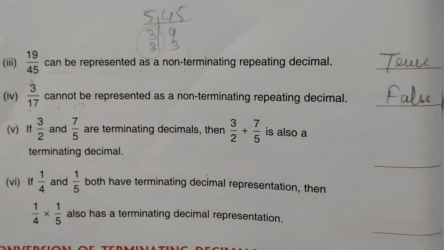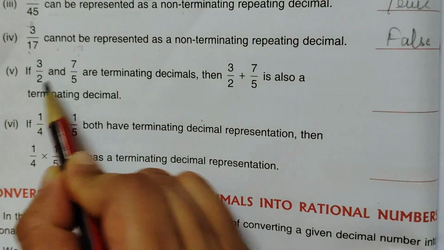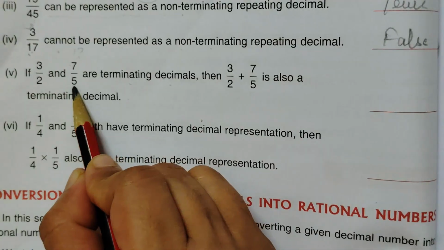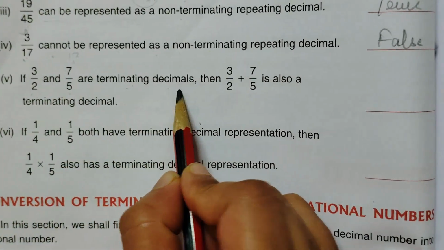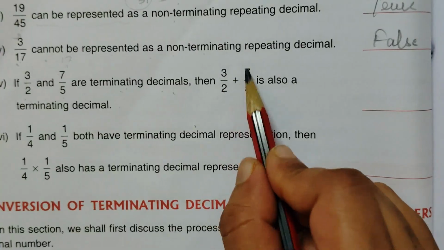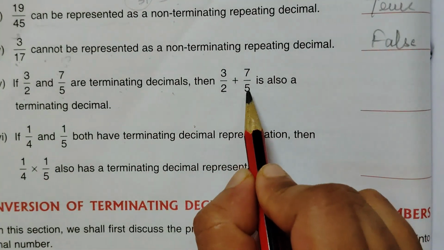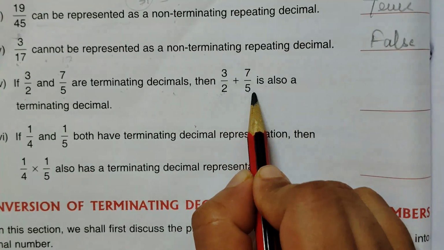Next: if 3 upon 2 and 7 upon 5 are terminating decimals, see the denominators 2 and 5, so both are terminating decimals, then 3 upon 2 plus 7 upon 5 is also a terminating decimal. Yes, because when addition is there, we take the LCM of the denominators.